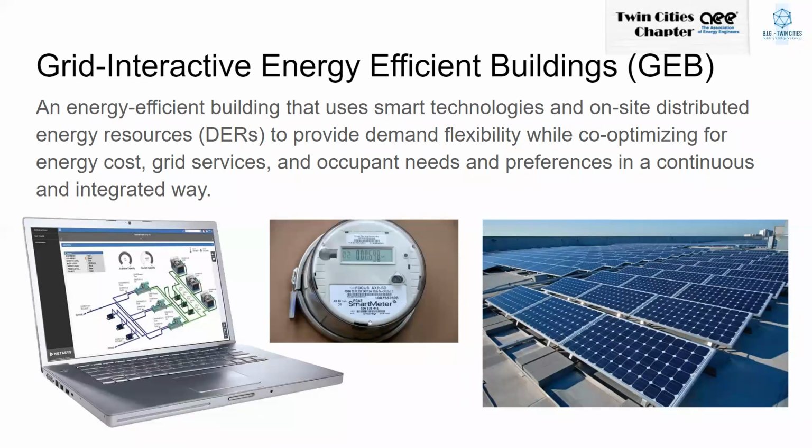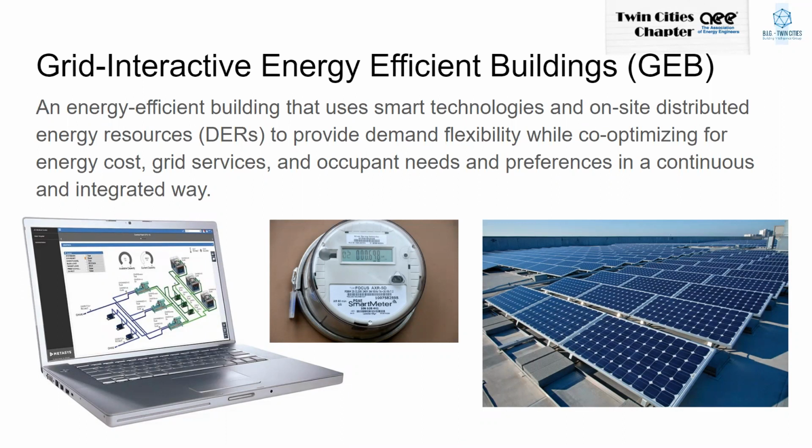So that's kind of the idea of grid interactive efficient buildings, and it's called GEB. And this is something that right now the Department of Energy is very, very interested in, and there's a number of funding opportunities that are being issued by DOE to look more into GEB.